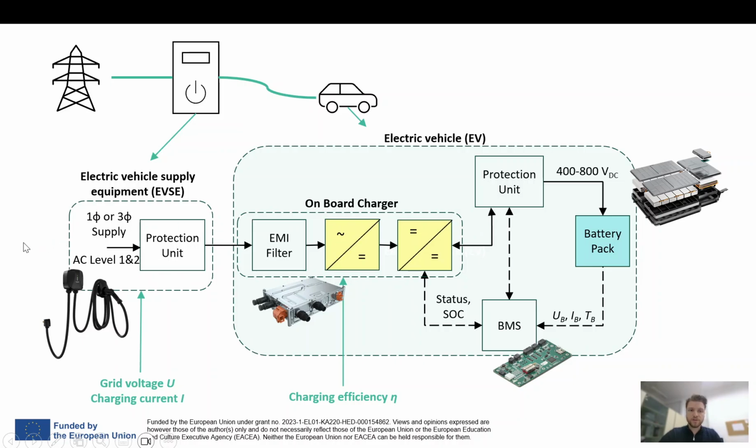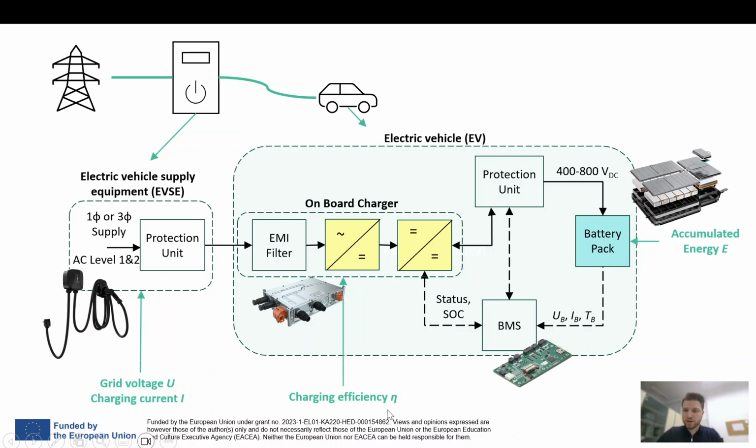So not all of the AC electricity that is coming inside the electric vehicle supply equipment is going to be used to charge the battery pack of the electric vehicle. There are going to be different elements across the chain where we see various losses. The most significant here is the charging losses.